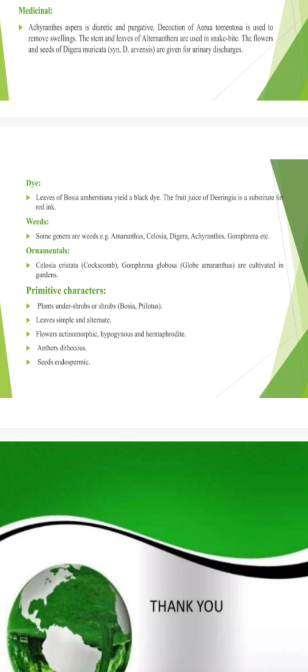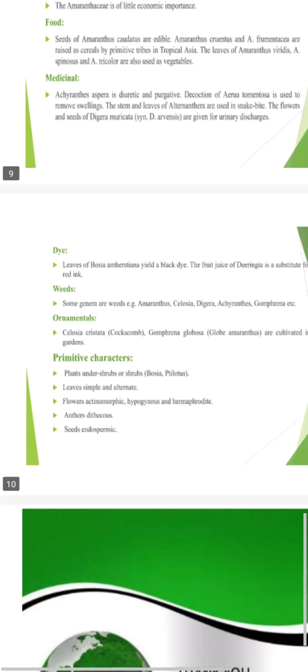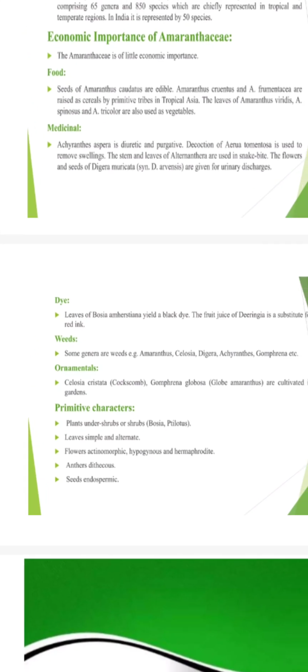Then Gomphrena globosa is cultivated in gardens. So the plant is very important economically. There are some primitive characters of the family: plants are herbs or shrubs, leaves simple and alternate, flowers actinomorphic, hypogynous, hermaphrodite, anthers dithecous, seeds endospermic. These are some primitive characters of the family.